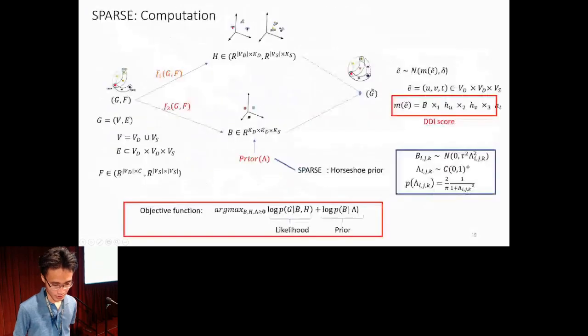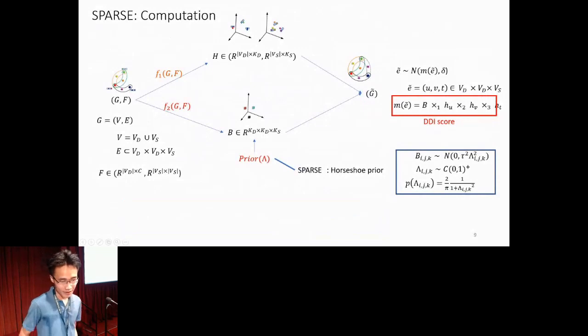What that does? Okay, so the horseshoe prior is a kind of hierarchical distribution. It's a multivariate distribution with many features. It follows a normal distribution with zero mean.